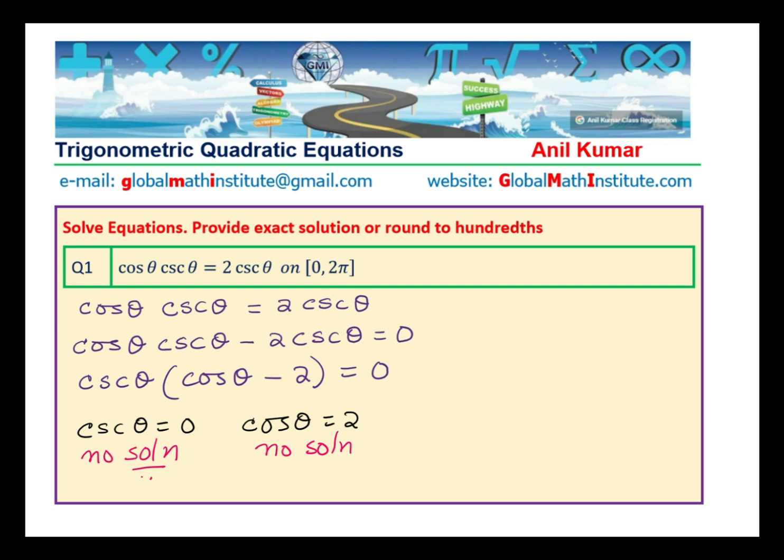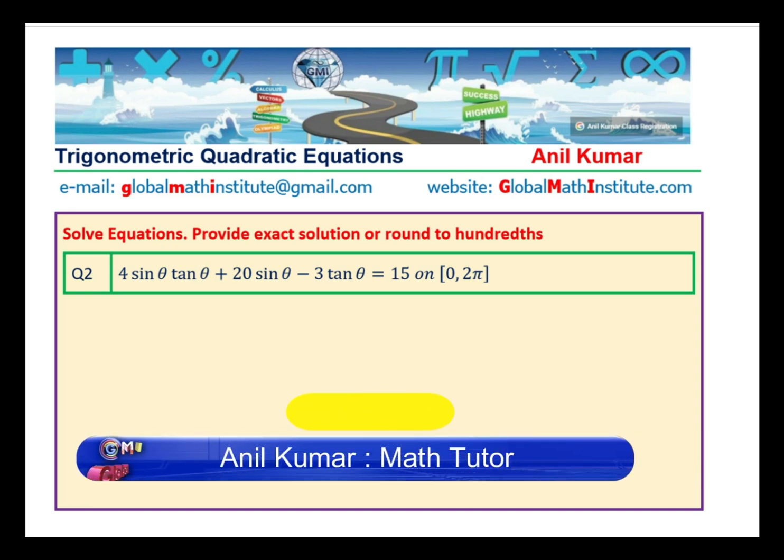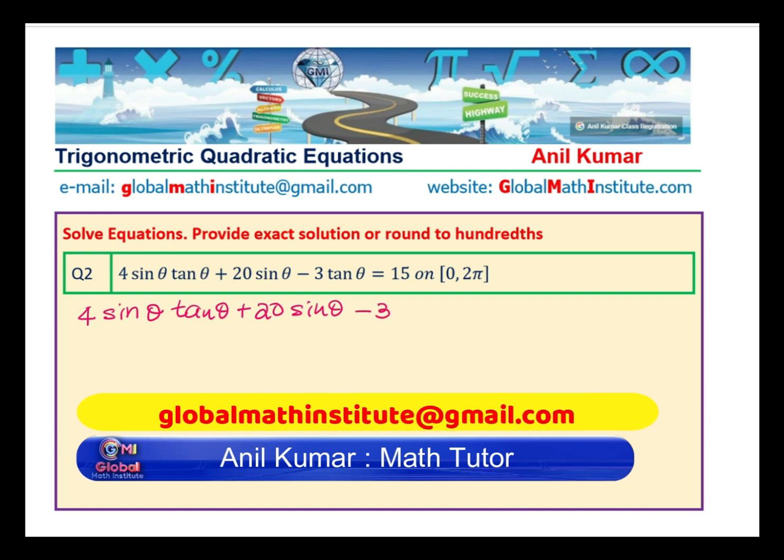Now let us take up the second question, which is 4 sin theta tan theta plus 20 sin theta minus 3 tan theta equals to 15. You can bring the terms together and factor. Correct?